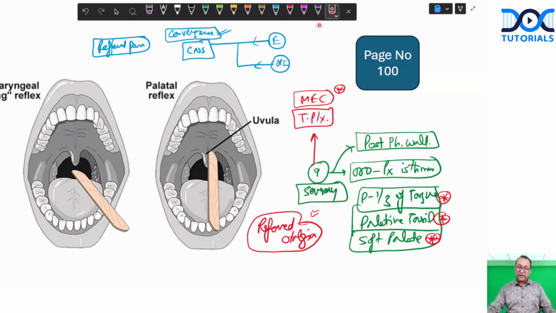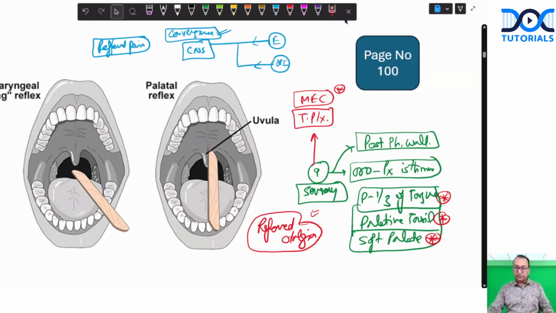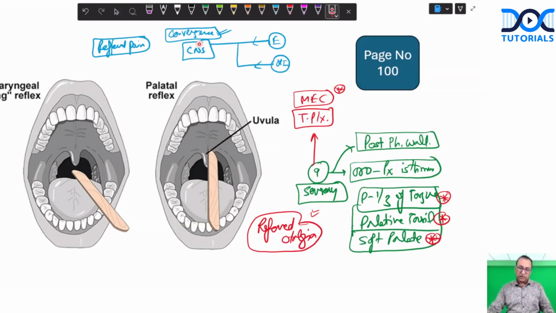So the brain is unable to decipher where the pain is coming from. Maybe the pain is coming from the oropharyngeal isthmus, but it is converging on the CNS, and the brain is unable to understand whether the pain came from the oropharyngeal isthmus or from the ear. So, a pain of the oropharyngeal isthmus can be felt as if coming from the ear.